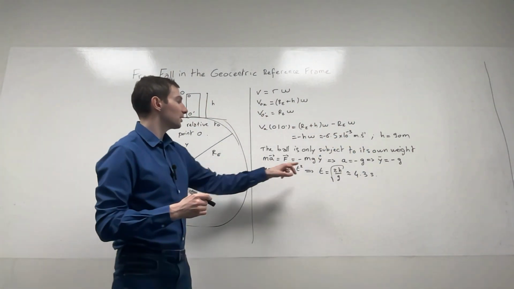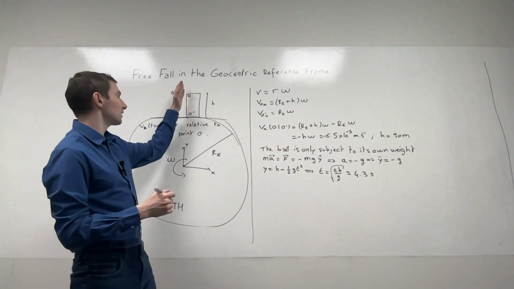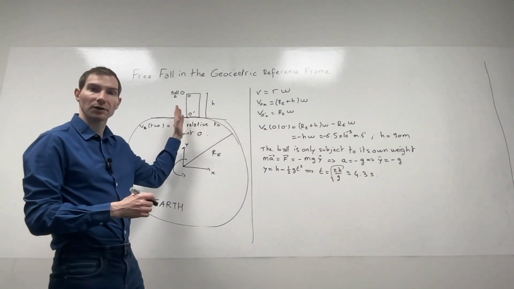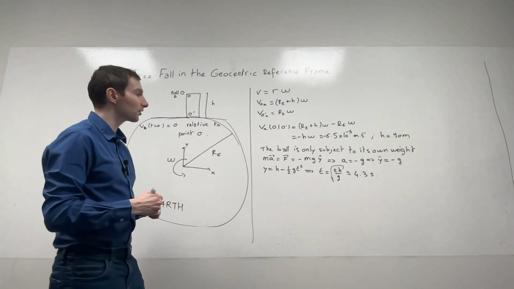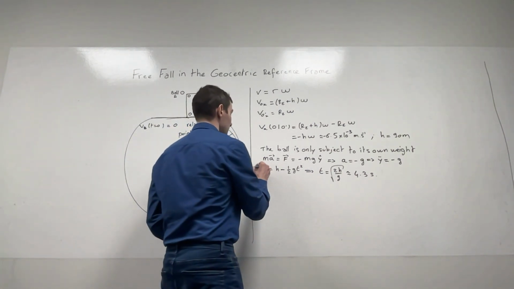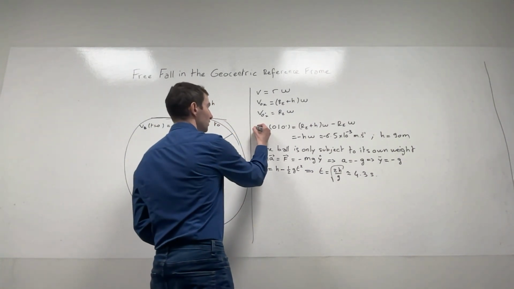Because the ball is only subject to the weight that is going in the y direction for this very short motion here on Earth, that's one point, that's another one.